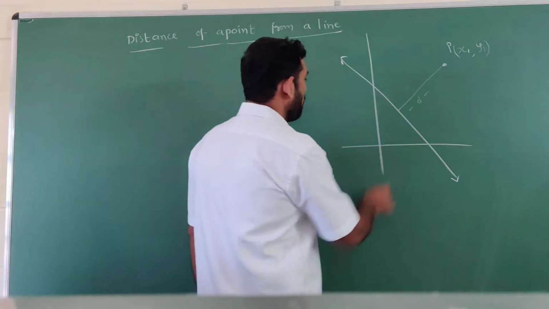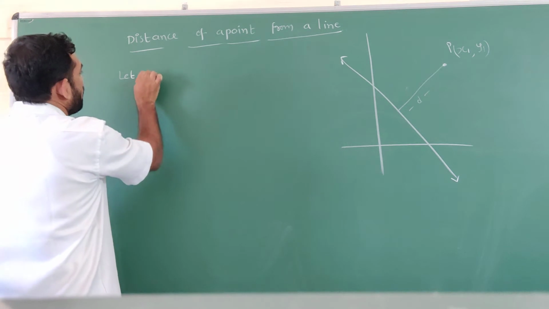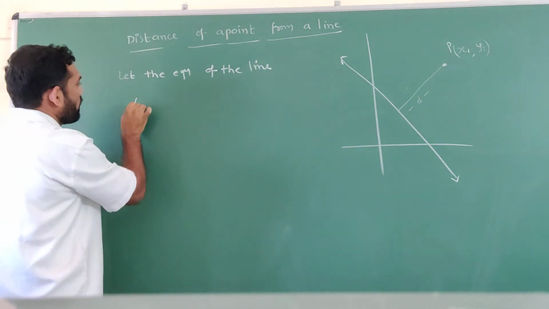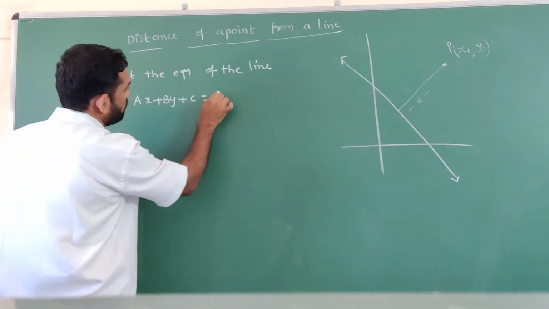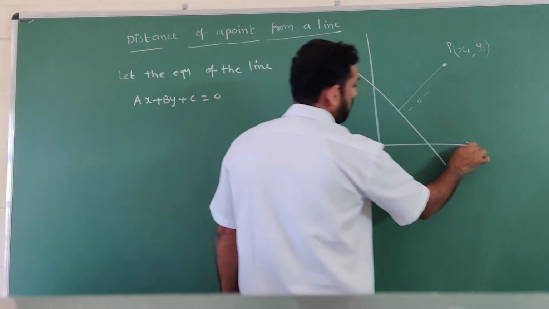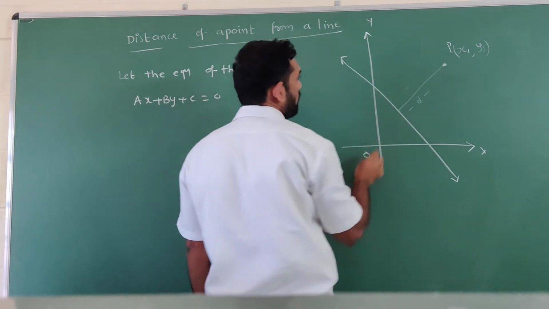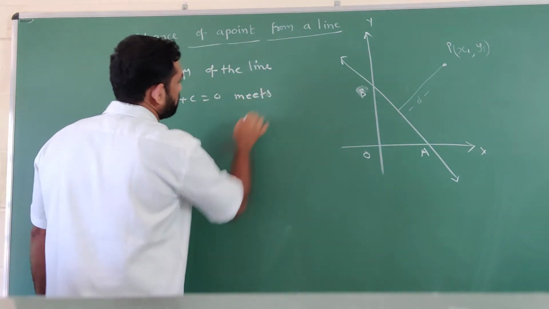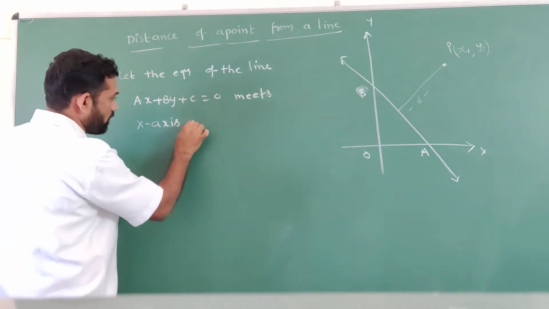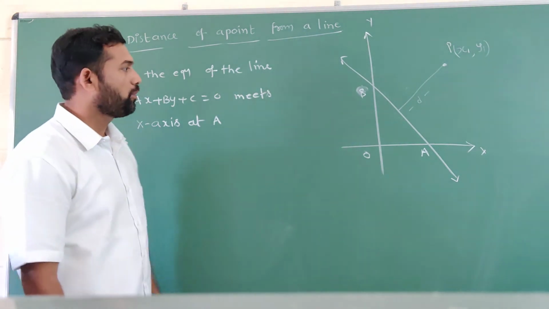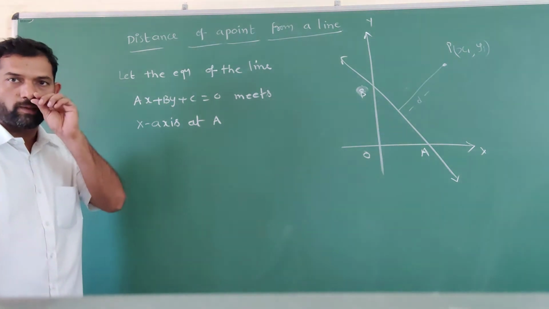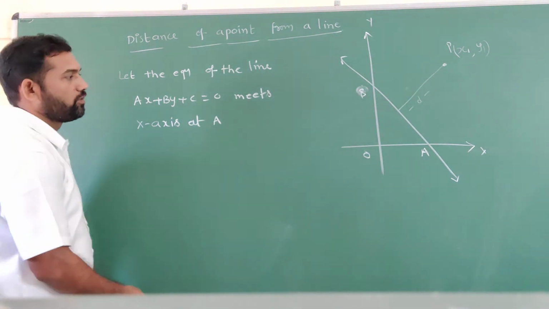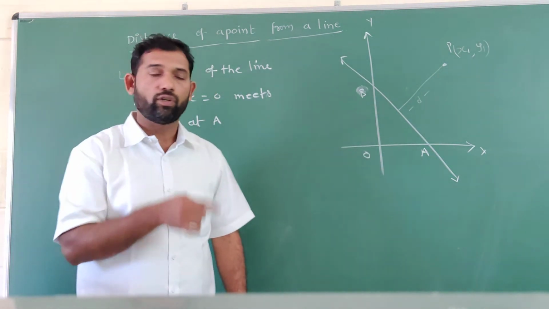Now see. Let the equation of the line ax plus by plus c is equal to 0 meet the x-axis at A. For point A, substitute y is equal to 0 in the line equation.